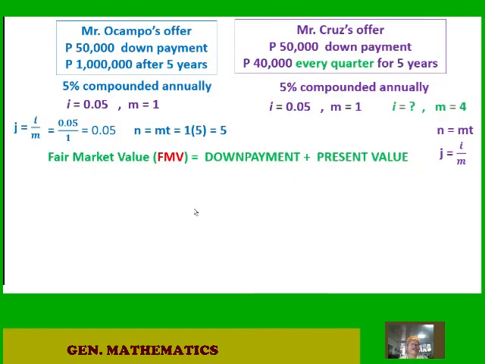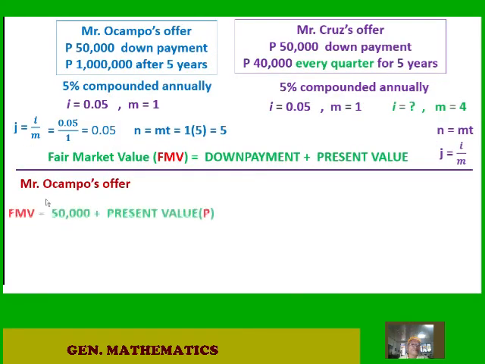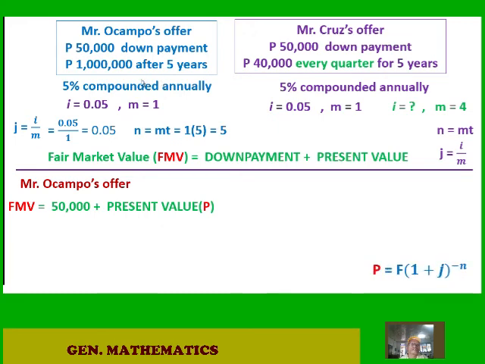Okay, let us proceed with Mr. Ocampo. So this is the offer of Mr. Ocampo, 50,000 down payment plus the present value of the 1 million after 5 years. So 1 million is paid only once after 5 years.